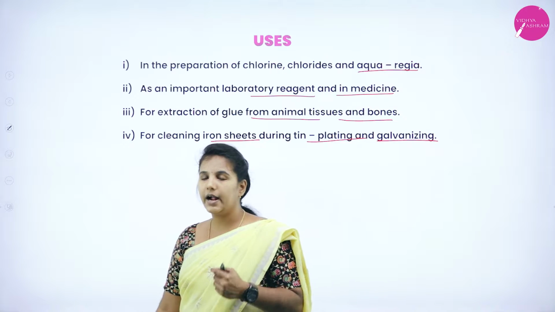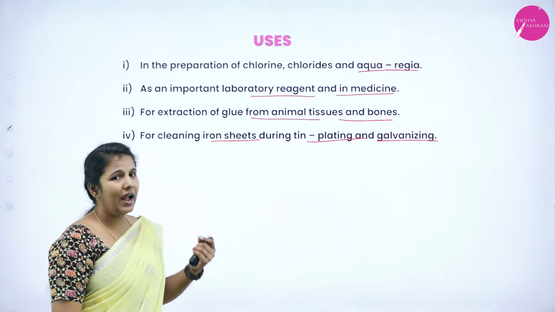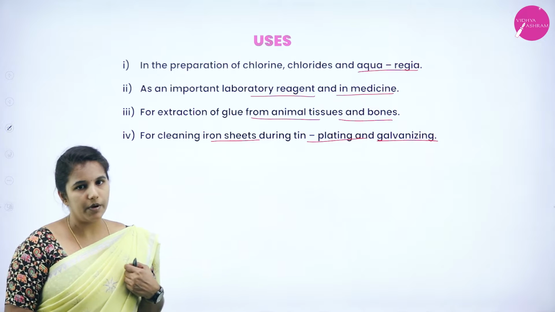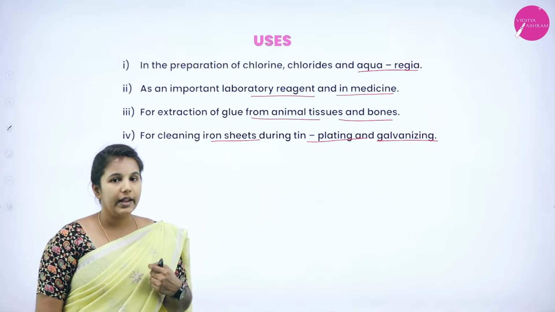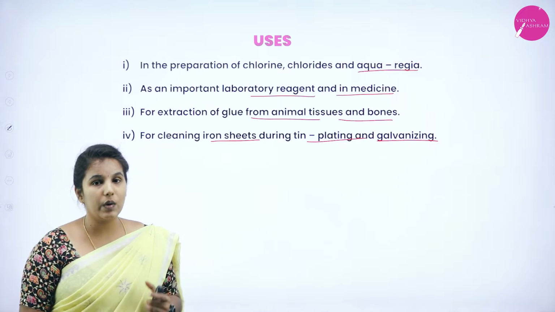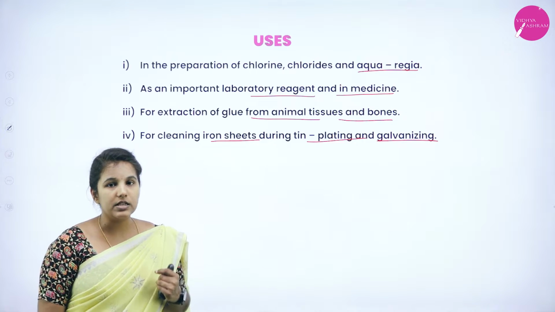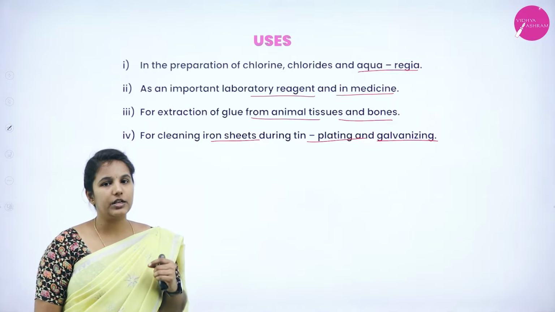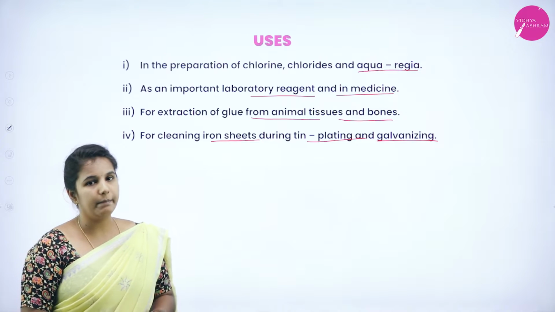So, hope you have understood hydrochloric acid, its uses and its chemical properties. From the examination point of view, remember they can ask you what is aqua regia or royal water. You have to remember that it is a mixture of concentrated HCl with HNO3 in a 3:1 ratio, and it is mainly used to dissolve the noble metals.